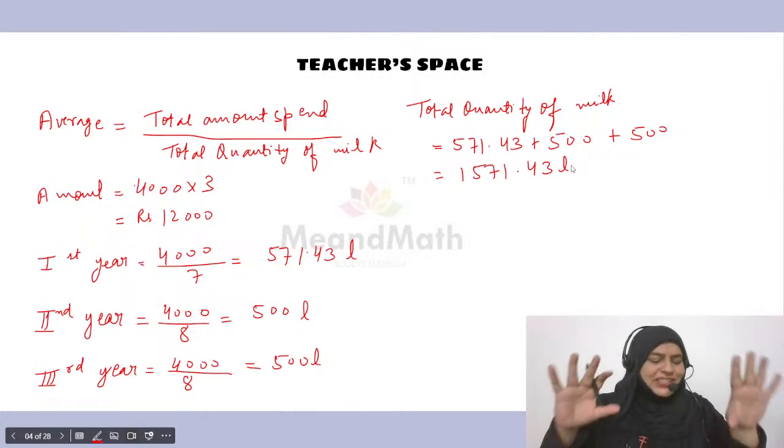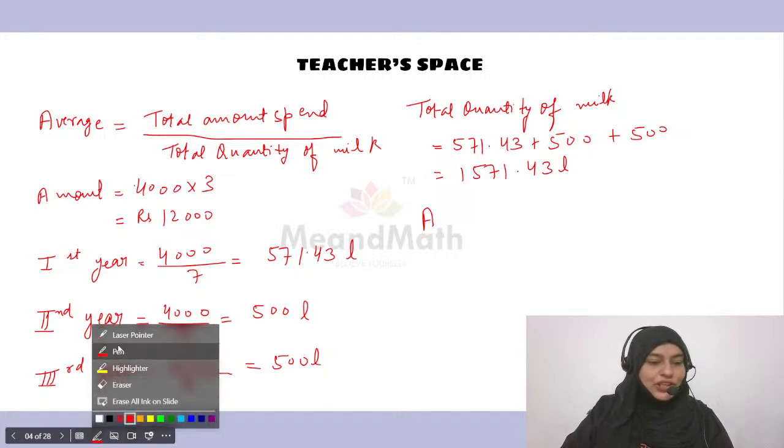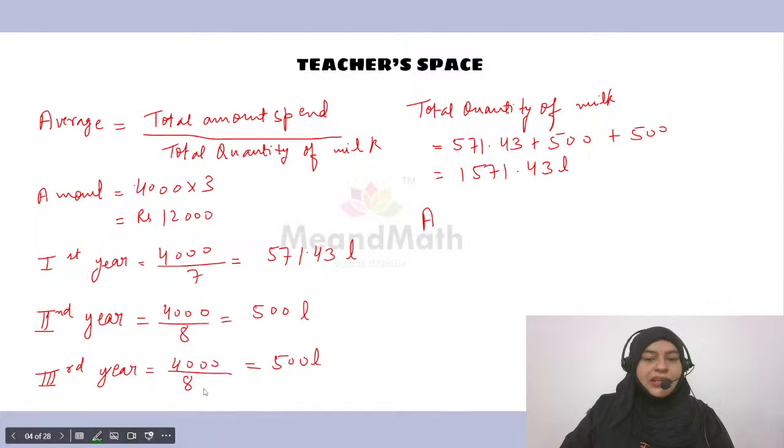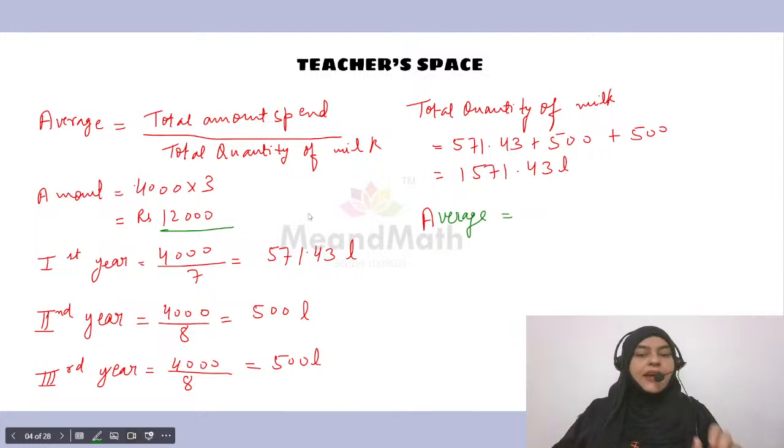Now the question is simple. Now we need to find the average. So let's do it in another color so that you will understand it better. You can see we have our numerator here, which is 12,000, the total amount spent, and we have our denominator also, that is the total quantity of milk.